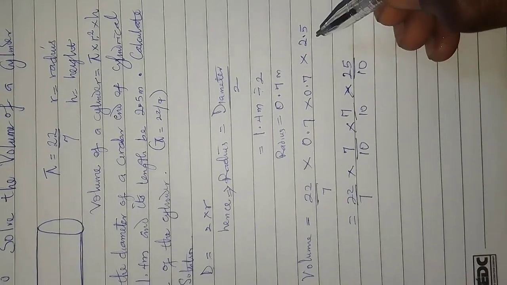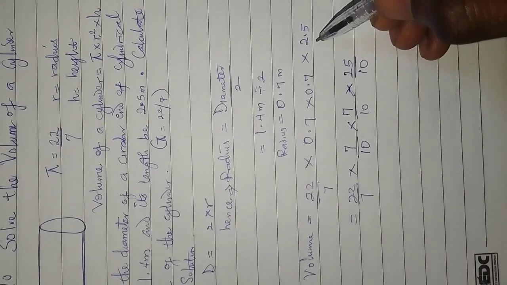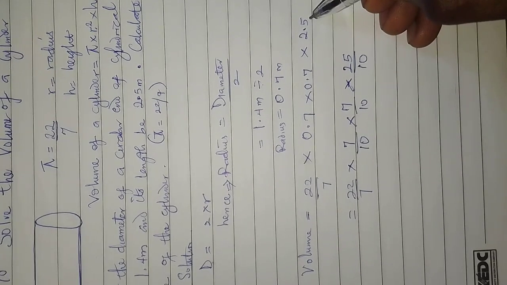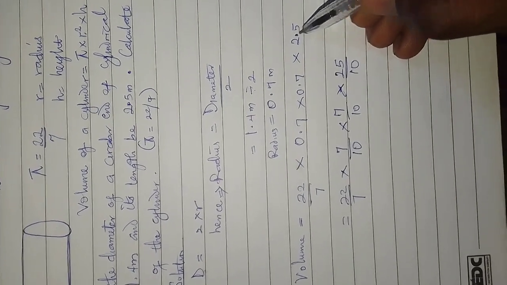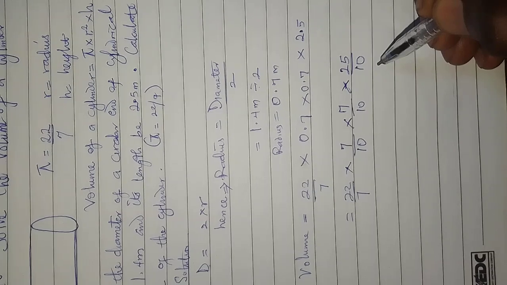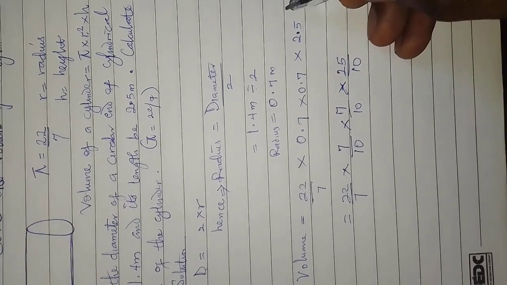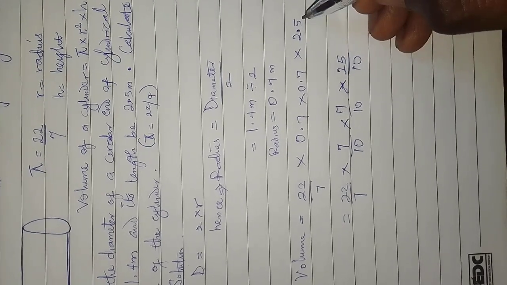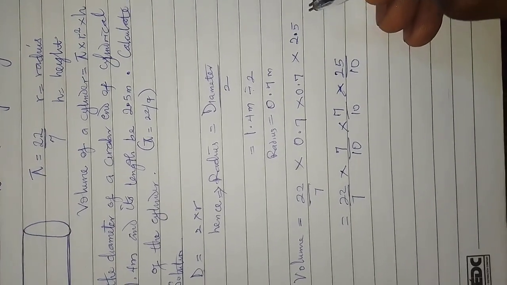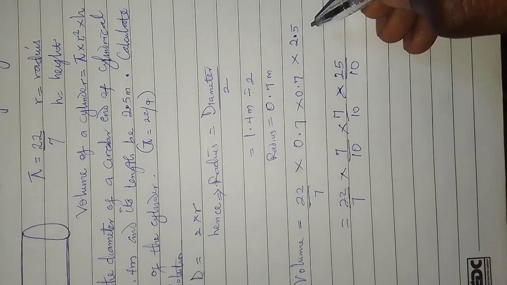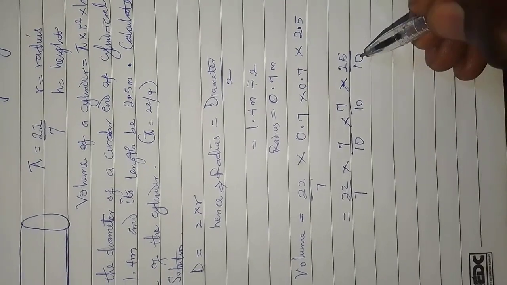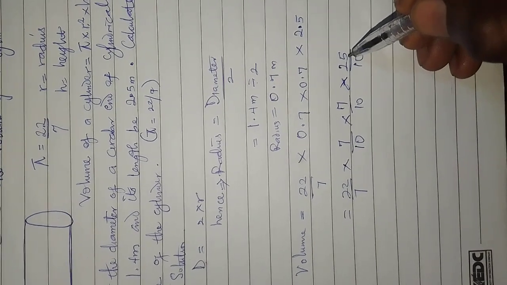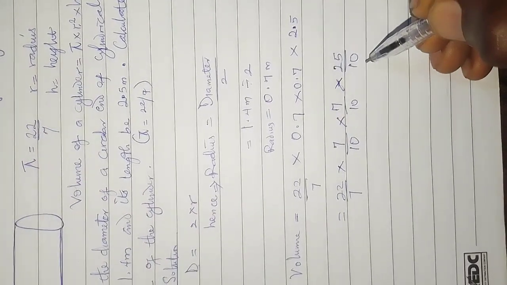Had it been 0, we would have ignored the 0 and written 5 over 10. But because we have 2.5, we're going to change that to 25 over 10. Remember, you remove the decimal point, write down the number, and consider how many numbers were after the decimal point. So in this case, we just have one number after the decimal point, and that becomes 25 over 10.